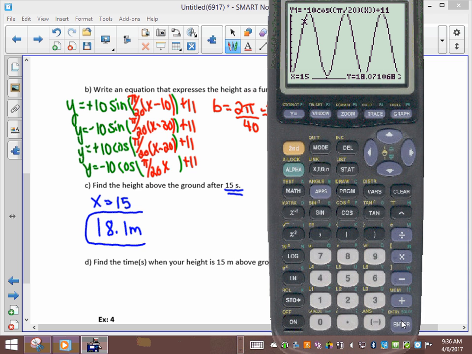If you wanted to, could you just punch it in for X here in the equation? Go like negative 10 cos pi over 20 times 15 plus 11? Yeah, good. A lot of people find the calculator easier though, because they're not sure where to put brackets and stuff like that. But you could just put that into your main screen and get an answer, and it would be the same.